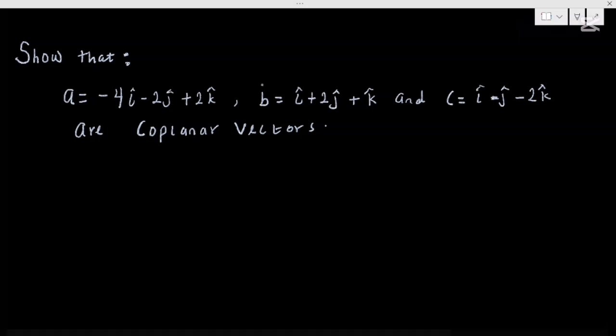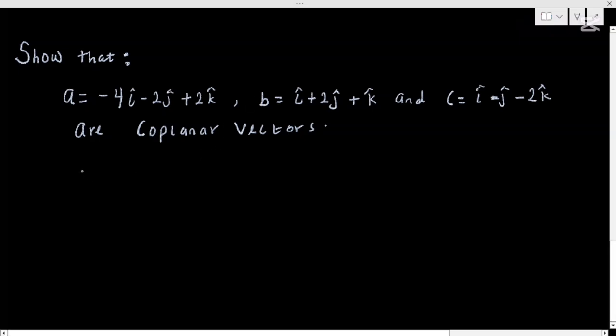So we have to show that their scalar triple product A dot B cross C is equal to 0. If their scalar triple product at the end of the day is equal to 0, then we can confirm that they are coplanar vectors. But until then, we have to show through our calculation first.